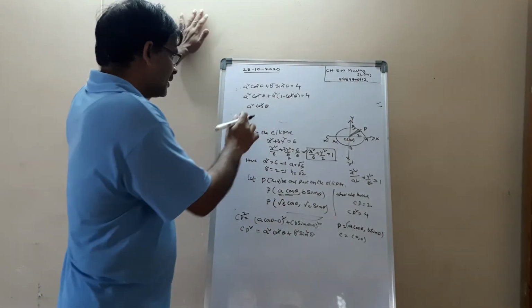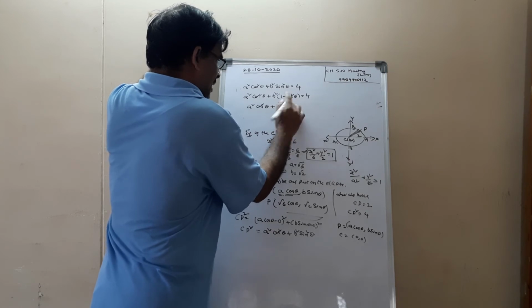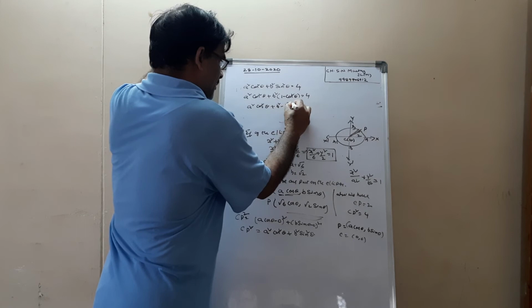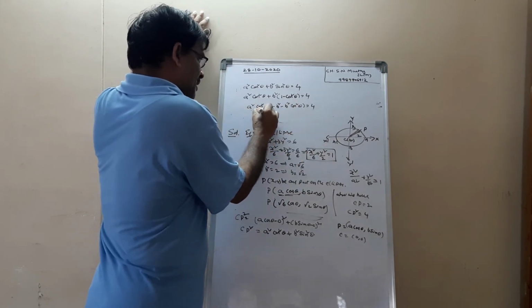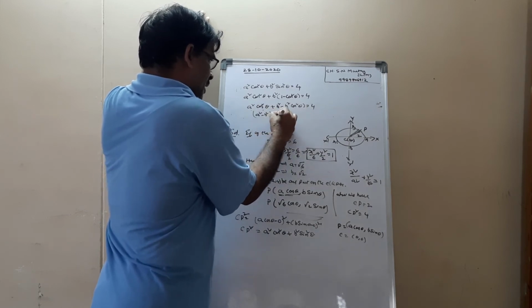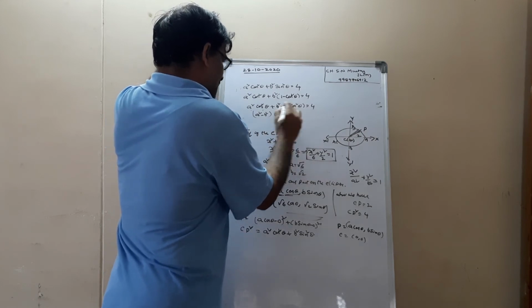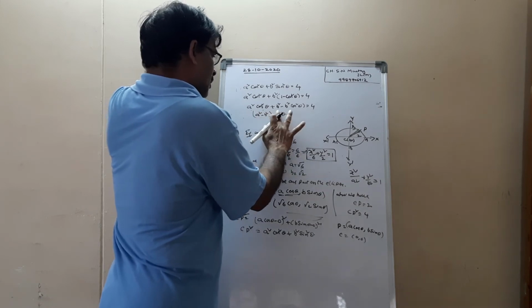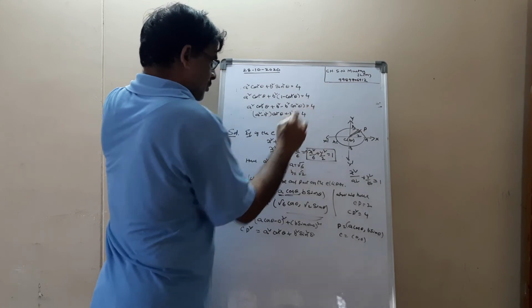So a square cos square theta plus b square minus b square cos square theta equals 4. That gives a square minus b square into cos square theta plus b square equals 4.